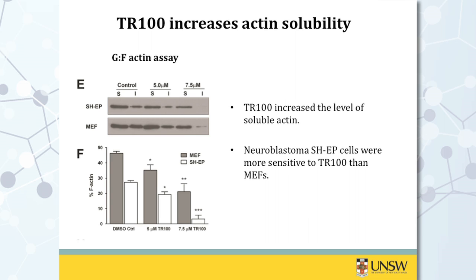So what that's telling us is that the drug increases the amount of what we call soluble actin. And in fact, we also noticed that the neuroblastoma cells were more sensitive than normal fibroblasts. And that's a good thing because it's starting to indicate we've got specificity as well.